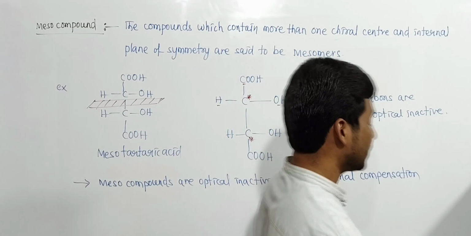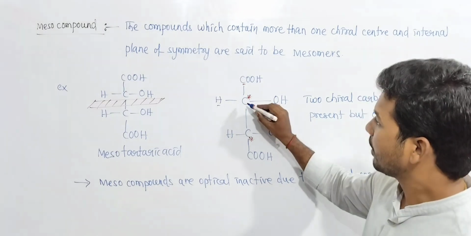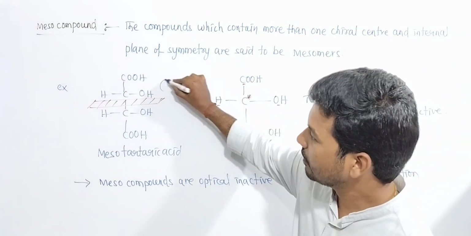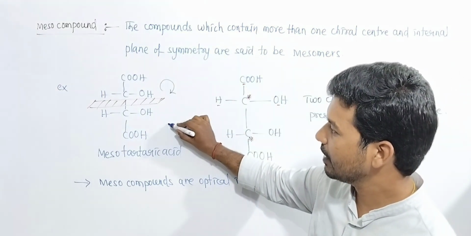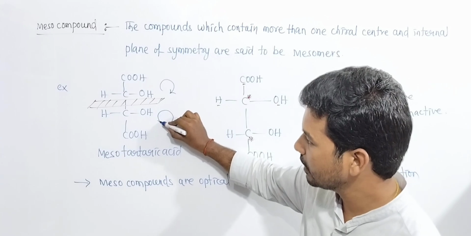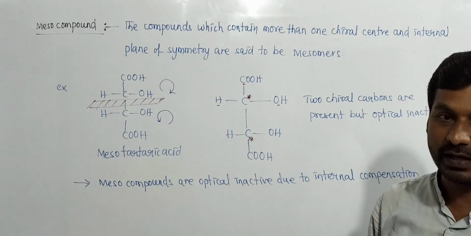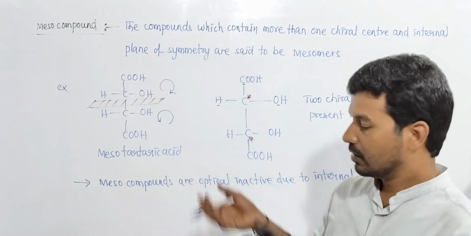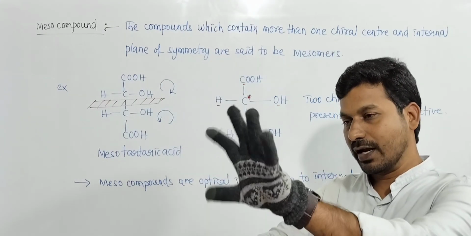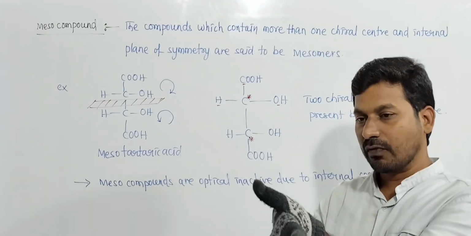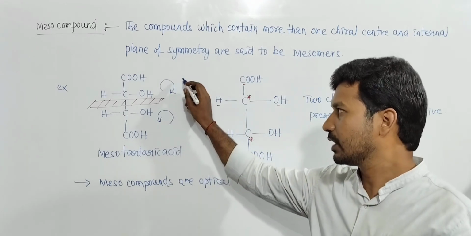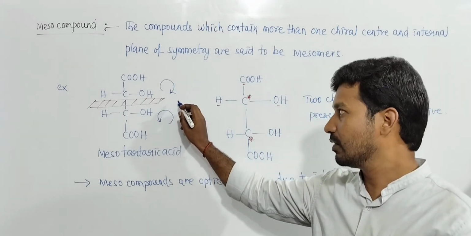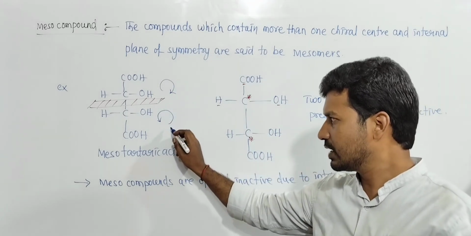Okay, internal compensation means the above part tries to rotate plane polarized light in the clockwise direction. At the same time, the below part tries to rotate plane polarized light counterclockwise, anti-clockwise. So above part and below part try to rotate plane polarized light in opposite directions, by the same value.